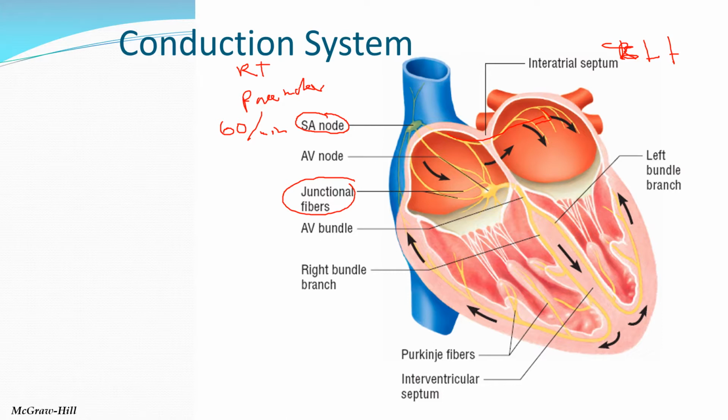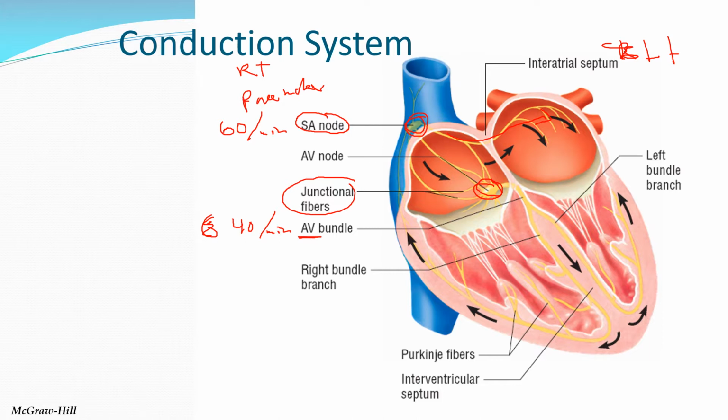And then your secondary pacemaker is the AV node. It can produce about a 40 beat per minute pace. However, that's not very successful for life. So if your SA node gets damaged, the AV node can take over for a little bit, but you'll need definitely help.